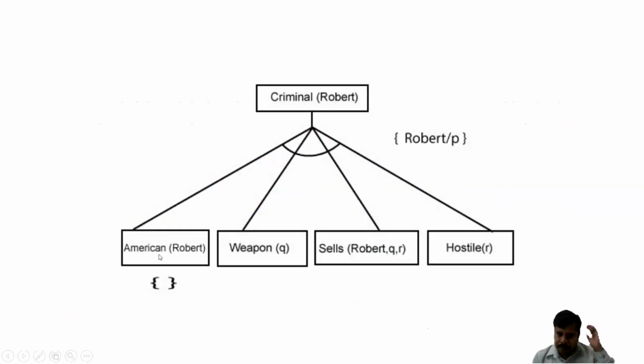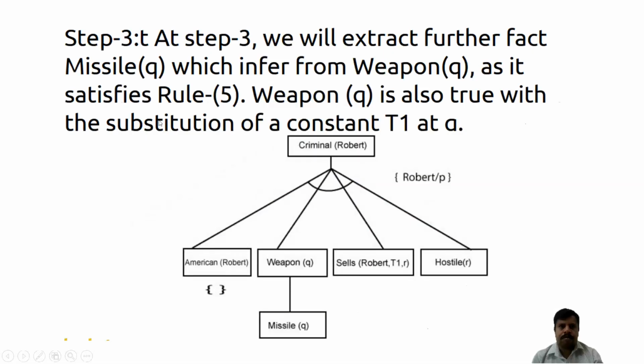So in this way, American Robert and hostile nation was sold the weapons by Robert, American. So this Robert sells the missiles to a hostile nation. At the last step, we will extract further the fact Missile Q, which is inferred from Weapon Q as it satisfies Rule 5. Weapon Q is also true with the substitution of constant T1 and A.